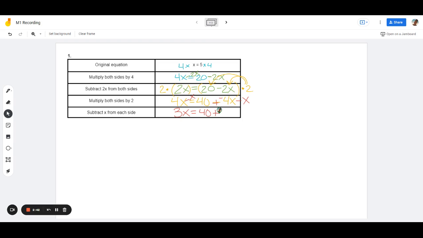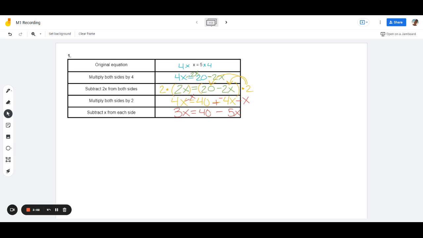So plus, and we have negative 4x minus x. So we start at negative 4 and we go to the left, one more x, we'd end up at negative 5x. And then anytime you see plus a negative number, you can think of that as just subtraction. So we can just change that to a minus sign.